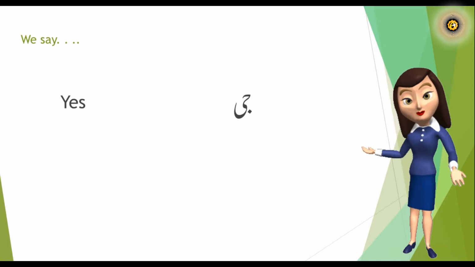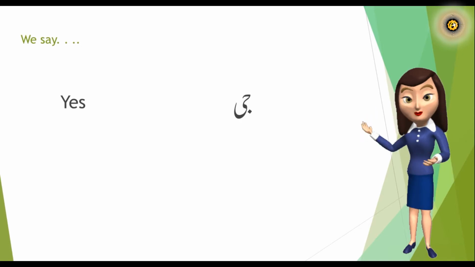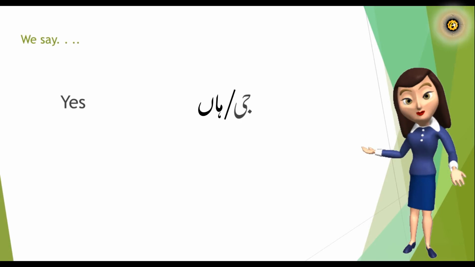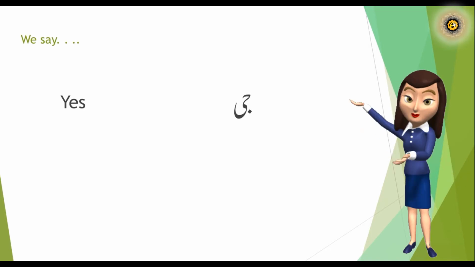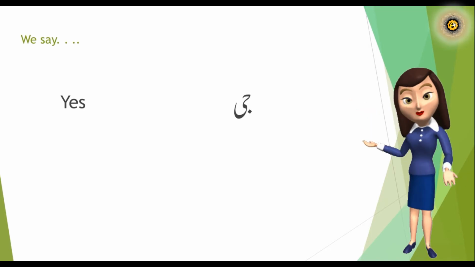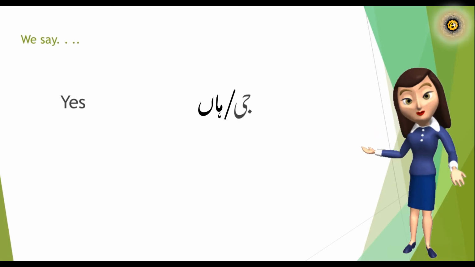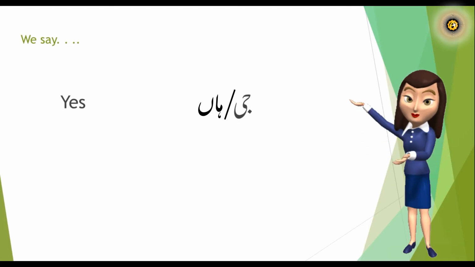Another word we say for yes in Urdu is haan. So we can say ji, the polite or mannered way, or we can say haan if we want to say yes.